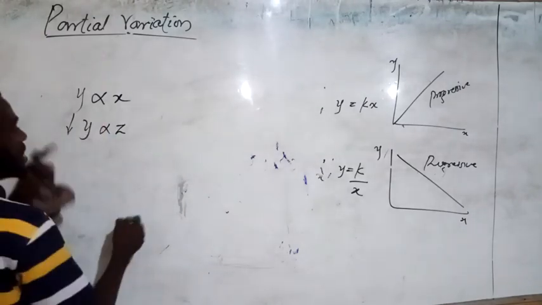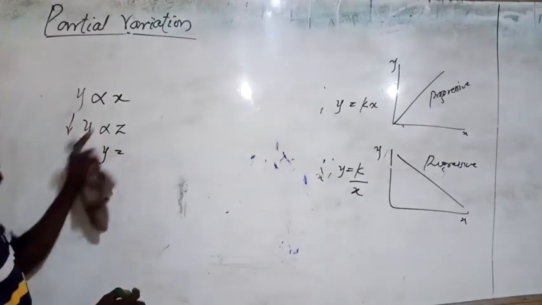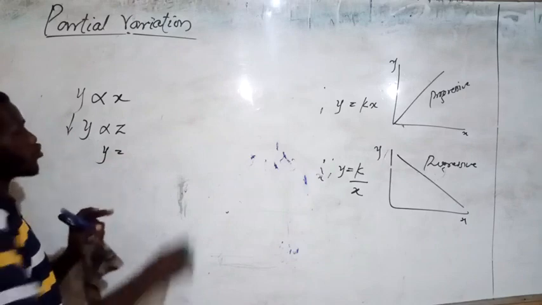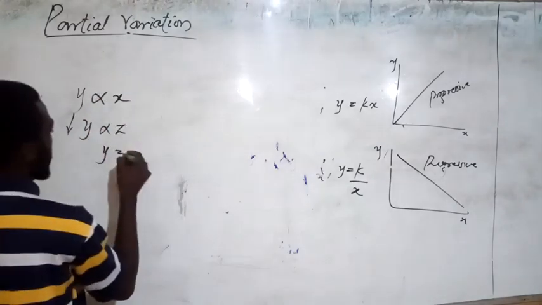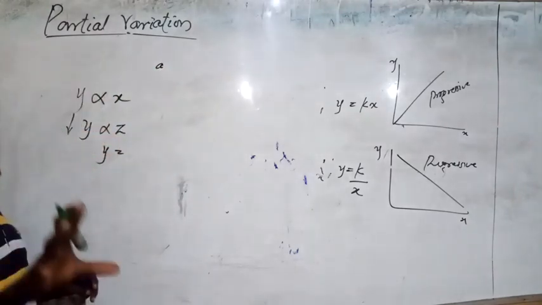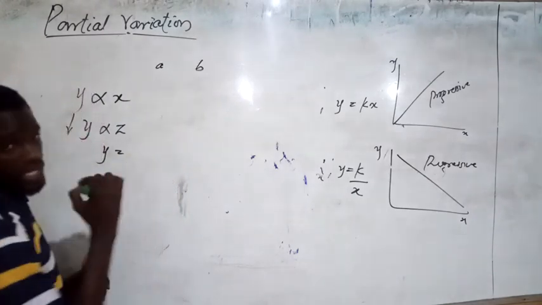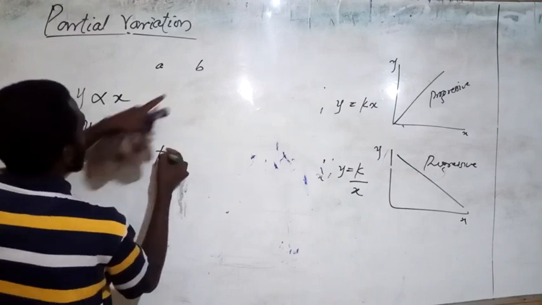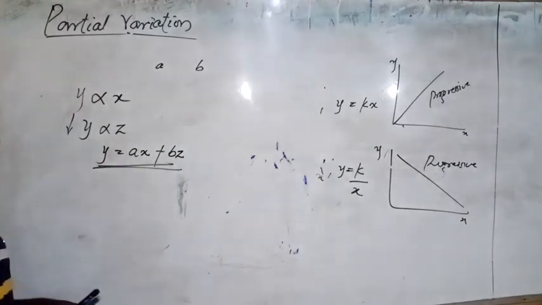So when you are going to be adding a constant here, because y is not directly related to both of them, you are going to introduce two different constants, because the two different constants drive these equations. So you're going to have something like y equal to, let me introduce constant. You can use arbitrary letters. I want to use a and b for this example. So you're going to have y will be equal to ax plus bz.